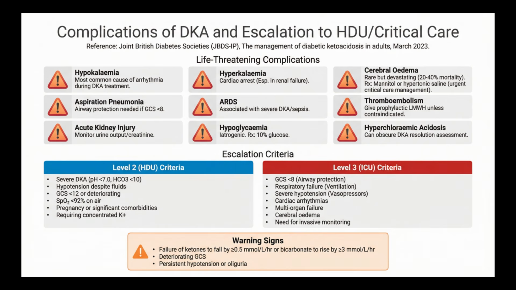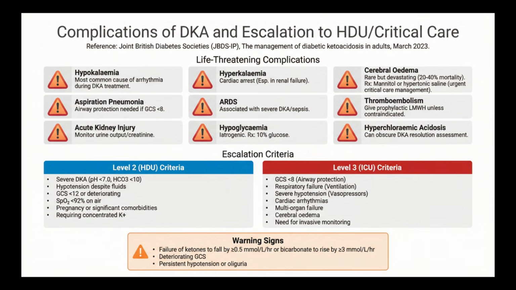Hyperkalemia, particularly in renal failure, can lead to cardiac arrest. Cerebral edema, although rare in adults, carries a very high mortality and requires urgent critical care with hypertonic saline or mannitol. A reduced GCS below 8 puts the patient at risk of aspiration pneumonia and mandates airway protection.